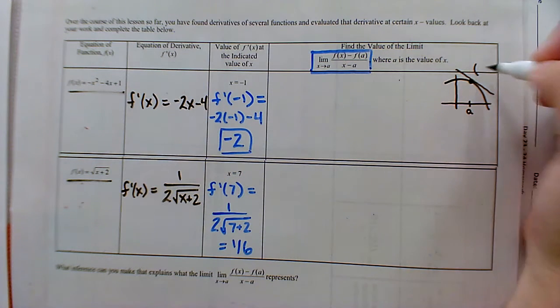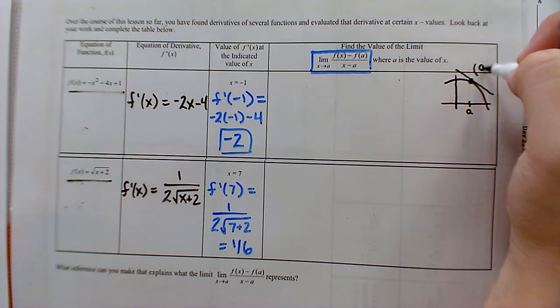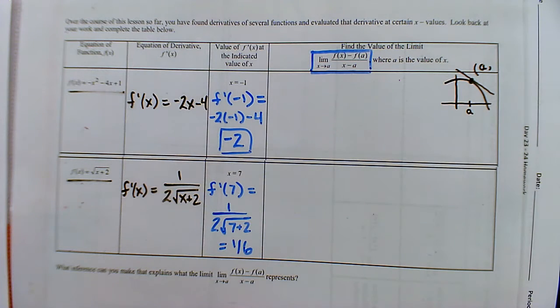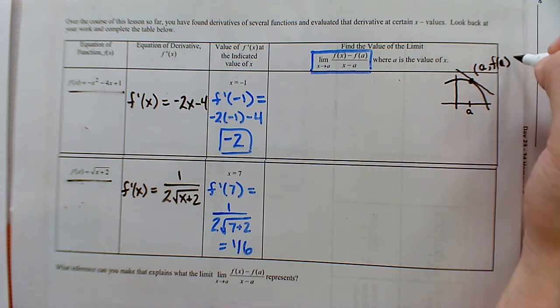What would the ordered pair look like for that tangent point? Can we label it? What would the x-coordinate be? What would the y-coordinate be? What do you think, Dan? A. Uh-huh. That's the x-coordinate. And then if you plug in a into whatever function you're working with, it would be f of a, your y value. Yep.